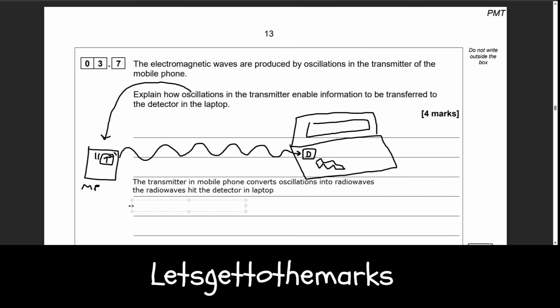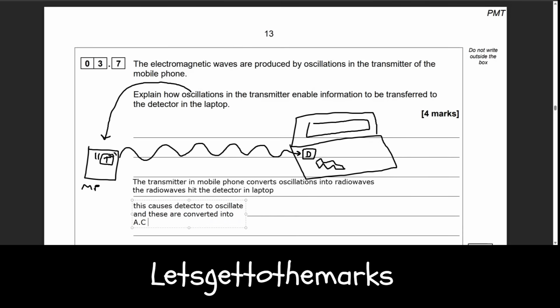And what happens once they've hit the detector in the laptop? The radio waves cause the detector to vibrate, essentially. So let's say this causes the detector to oscillate, and these are converted into AC current.